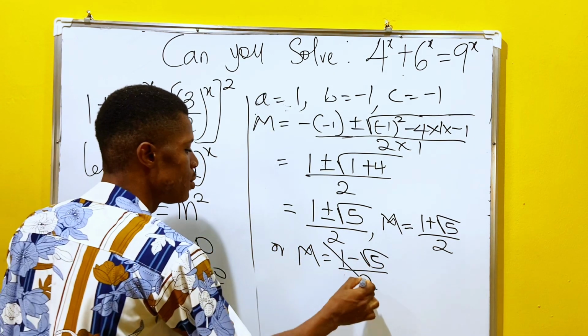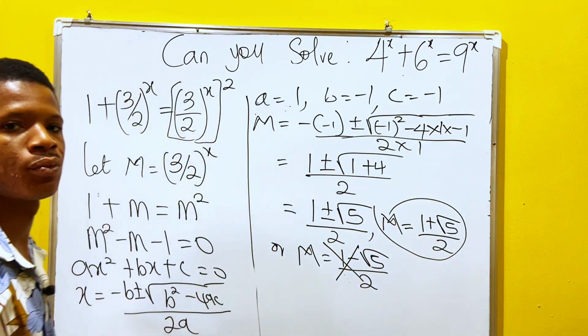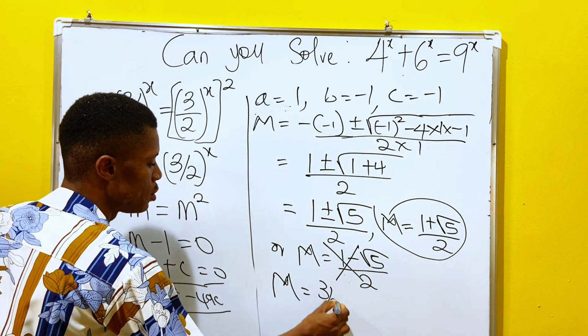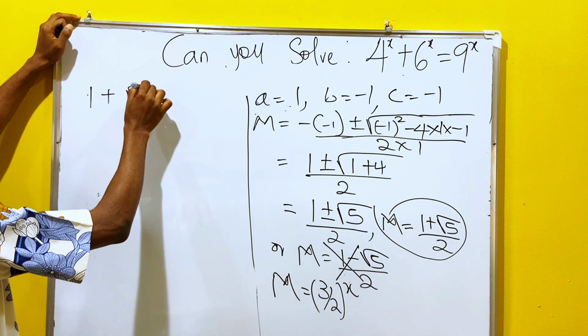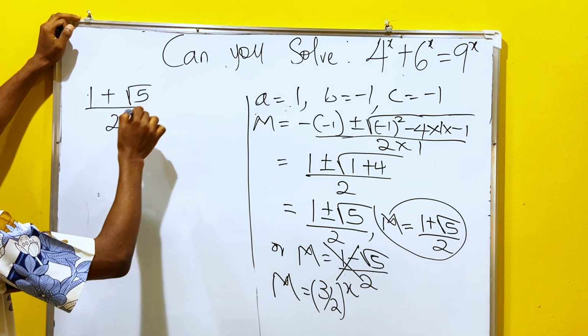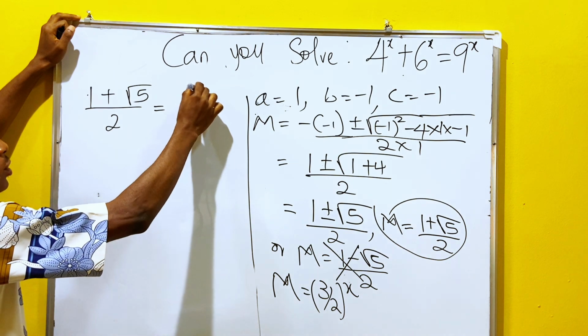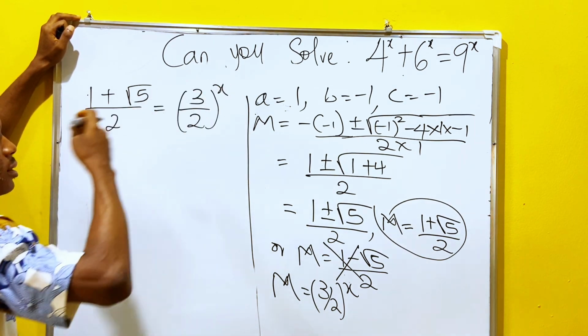So we won't be using this particular solution. Rather, we use this positive solution. So we know that m is defined to be 3 over 2 to the power of x. 1 plus root 5 over 2 is now equal to 3 over 2 all to the power of x.